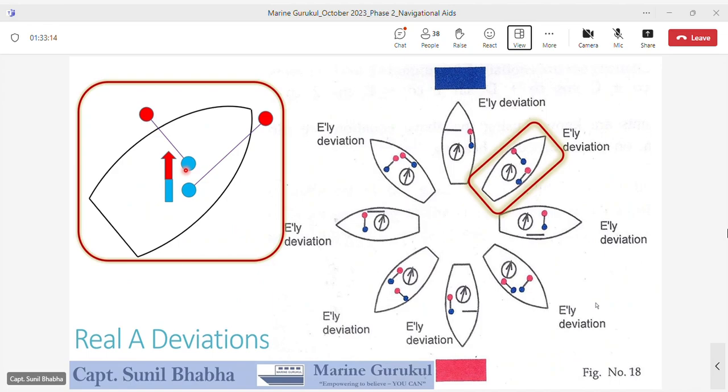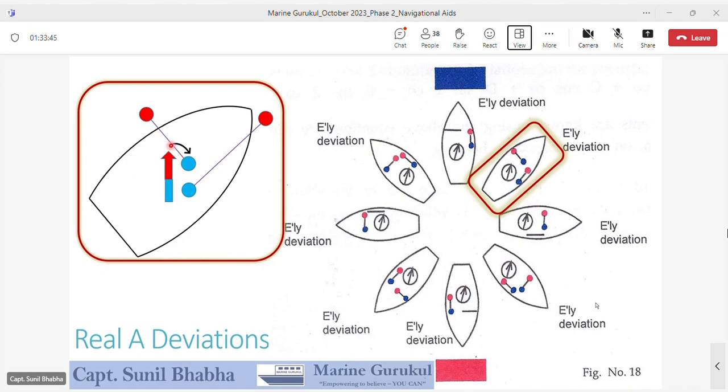The blue pole of the athwart ship beam is closer to the red end or the north end of the compass and is going to attract the compass towards it. Whereas the blue pole in the longitudinal is close to the south end of the compass, which is again blue, and both being the same polarity, they are going to repel each other. Even though there are two poles, they are both trying to swing the compass in the clockwise direction again.